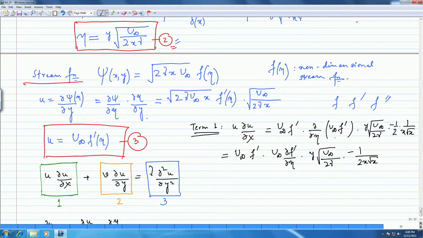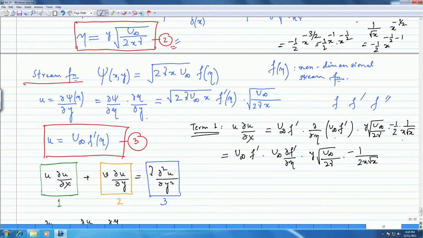Basically we are taking the derivative of 1 by root x, or the derivative of x to the power minus half, which is minus half x to the power minus half minus 1, which is again minus half x to the power minus 3 by 2, which is nothing but minus half x to the power minus 1 into x to the power minus half.